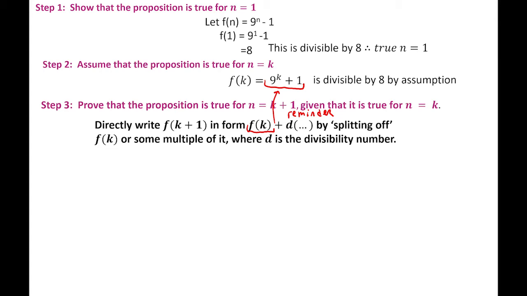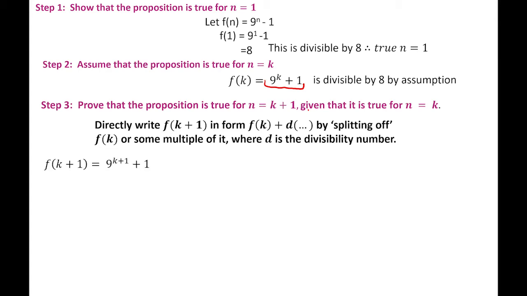So we need to show that this remainder is going to be divisible by 8, which means that we'll have shown that f(k) is divisible by 8 and the remainder is divisible by 8. Therefore, your proposition holds true for n is equal to k plus 1. Okay, let's have a look and see what we mean.